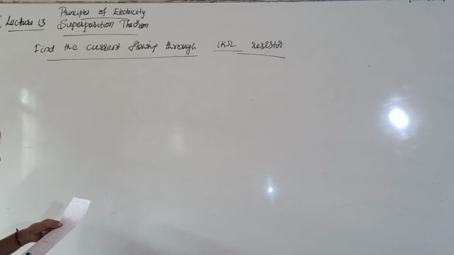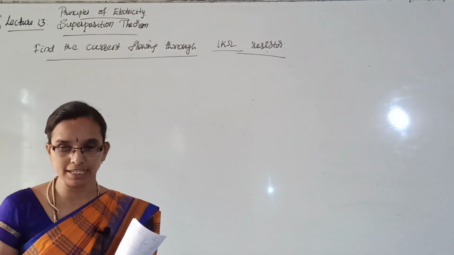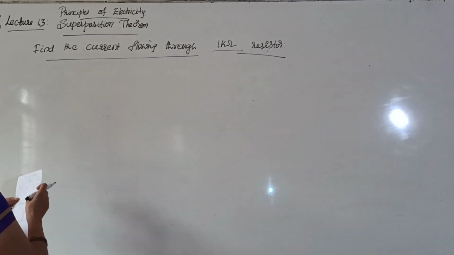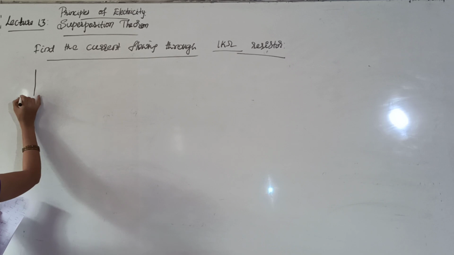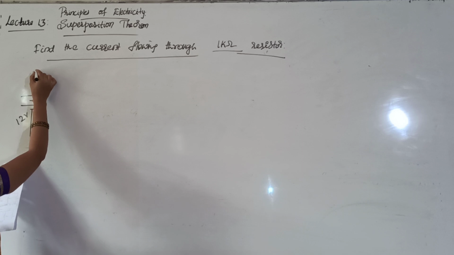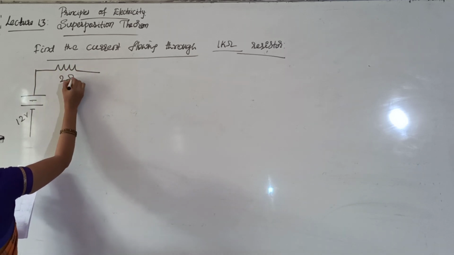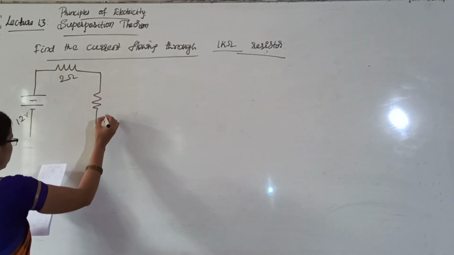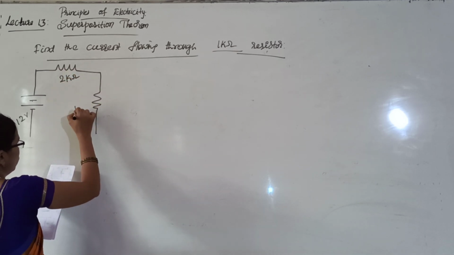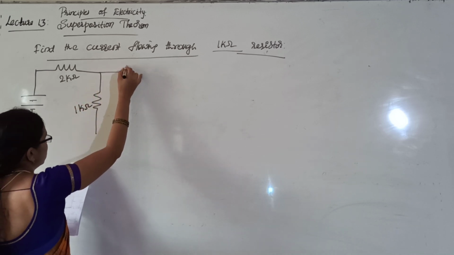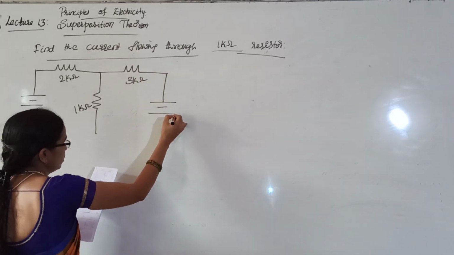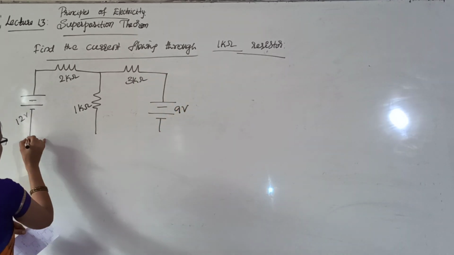Okay. Now for these problems I will just give hints, formulas, everything. The calculation part we will only do at your home. The circuit given is 12 volt, 2 kilo ohm, 1 kilo ohm, 3 kilo ohm, and the one more source I have is 9 volt.